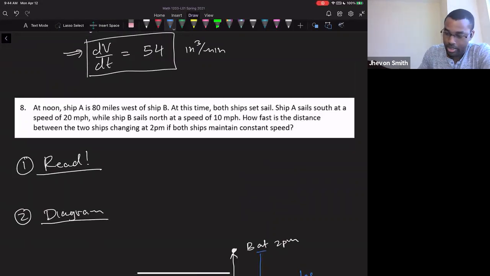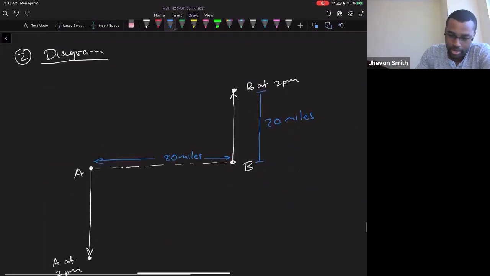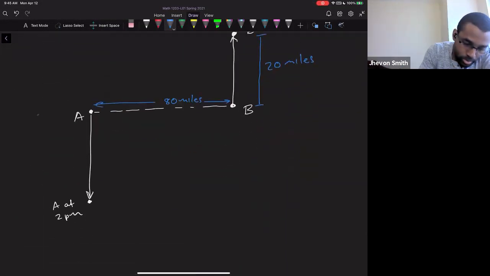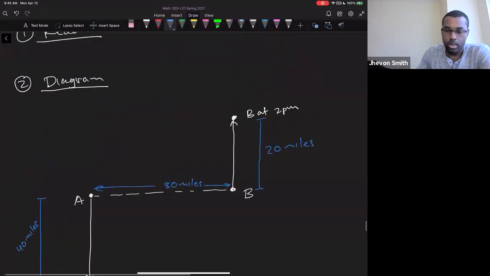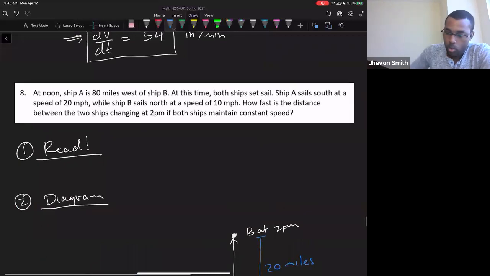Here, ship A sails south at 20 miles per hour. So after 2 hours, 20 miles per hour for 2 hours, you'd travel 40 miles. And what are we asked about? How fast is the distance between the two ships changing?